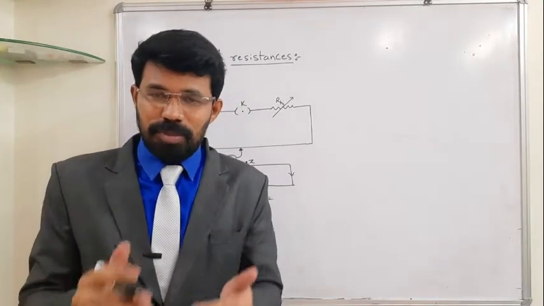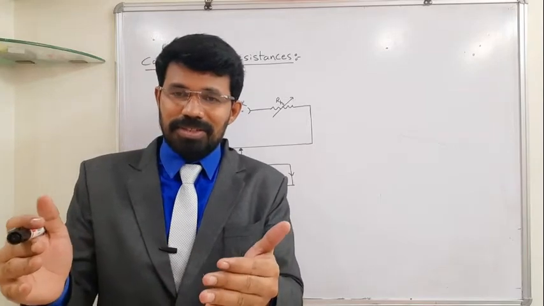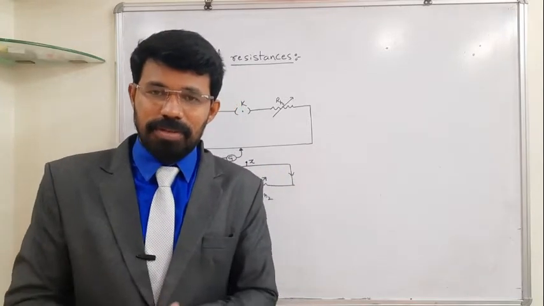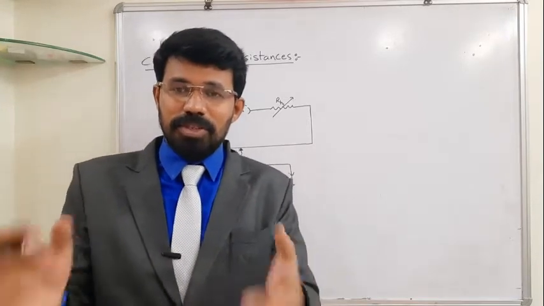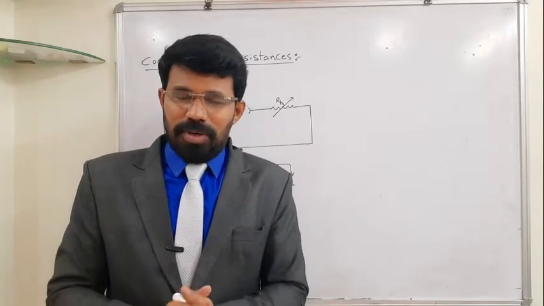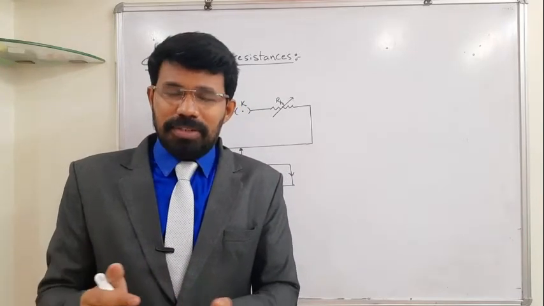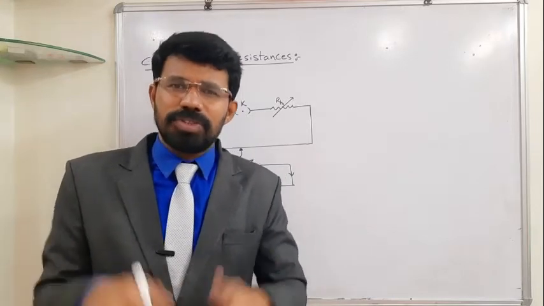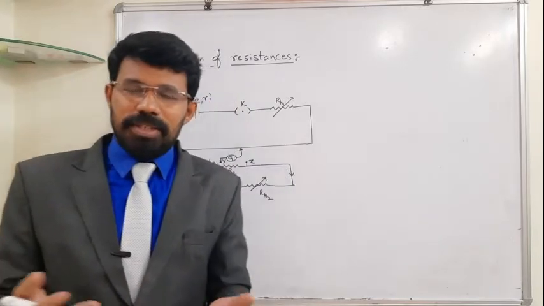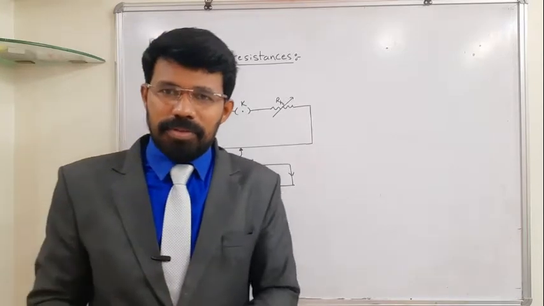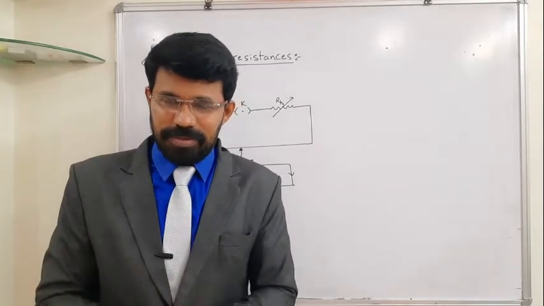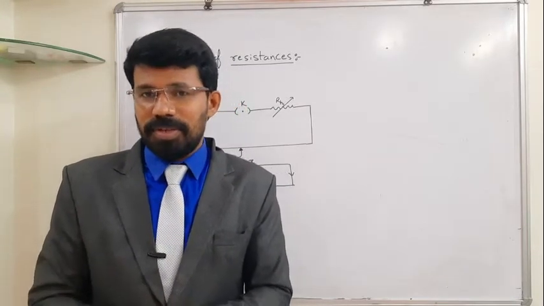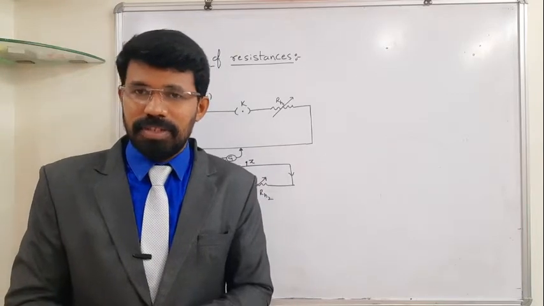If a potentiometer is connected across some resistance R1 or R2, since it is a self-driven circuit, in the sense it has its own cell, it doesn't depend upon the circuit to which it is connected. Because of that, whatever potential value it gives will be very accurate.